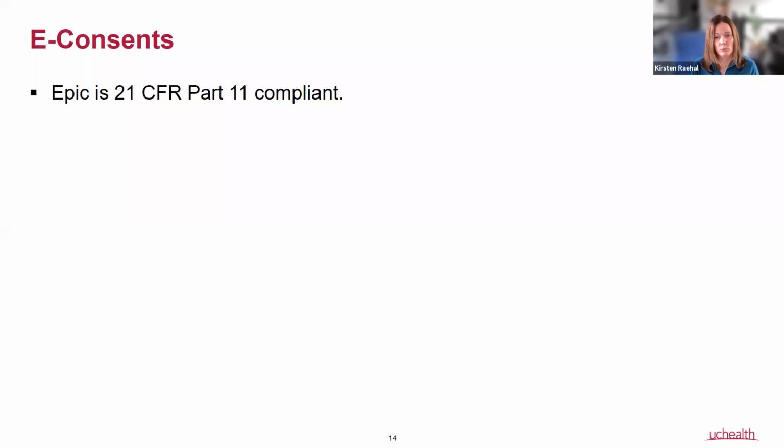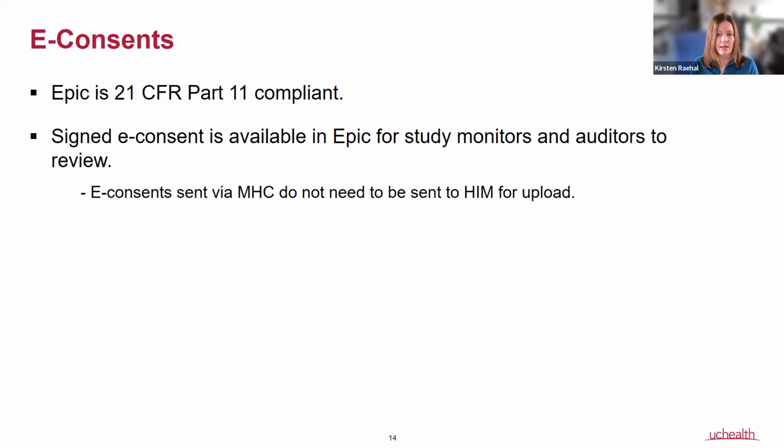Importantly, Epic is 21 CFR Part 11 compliant. Signed e-consents are available in Epic for study monitors and auditors to review. E-consents sent via My Health Connection do not need to be sent to Health Information Management for upload because they're already in Epic.